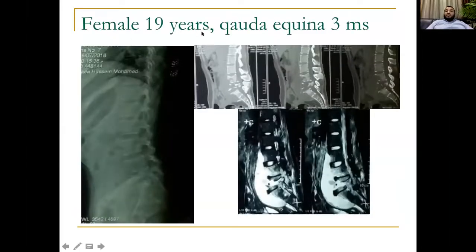We have a female patient, 19 years old, and she has a severe TB spondylodiscitis, destruction of the L5 vertebra, most of the L4 vertebra, destruction of the upper end of the sacrum, and a huge pus collection. And again, if we plan for this surgery, I am expecting to remove L5, at least half of L4 and the upper part of the sacrum to do a good debridement and then reconstruct with a cage graft construct.